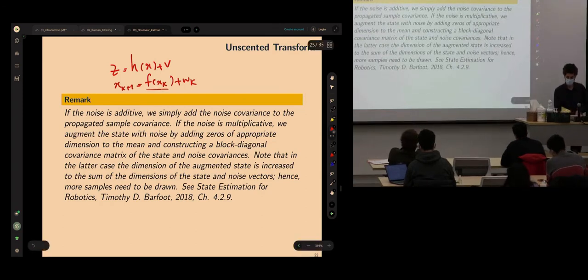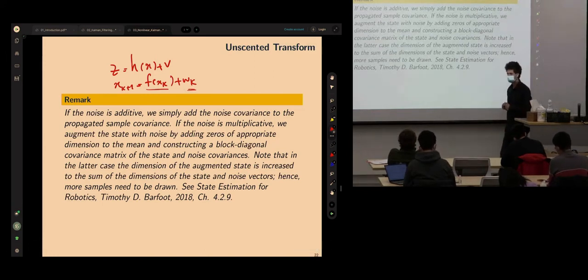And then you add the covariance of noise later to that weighted, basically, sample covariance that you calculated. Because obviously W is added to the range of this function, right? So it's already in the range.